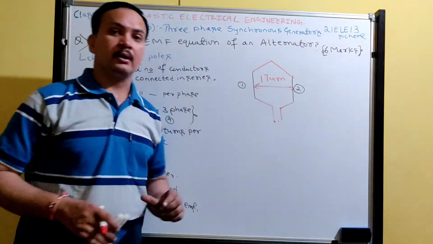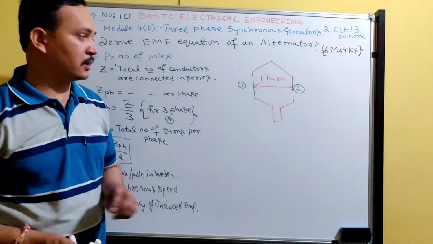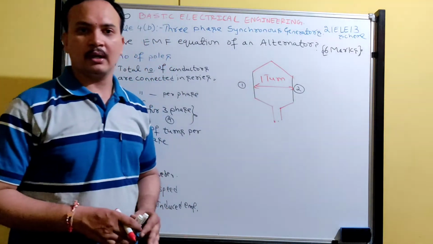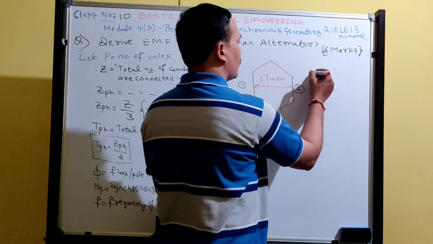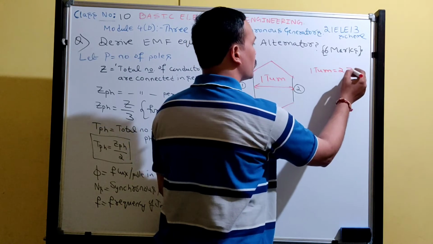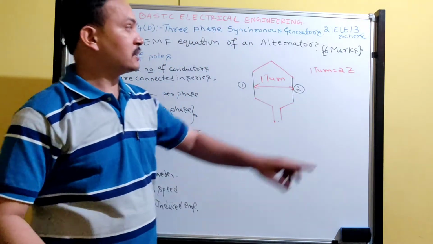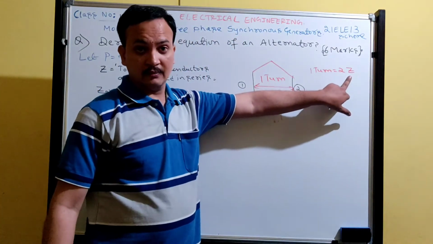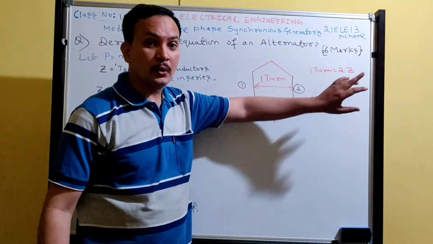To make one turn, how many conductors have I taken? Two conductors. So to make one turn you require 2 conductors. Conductors are denoted by Z. For one turn, 2 conductors.